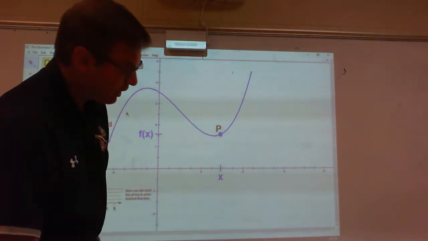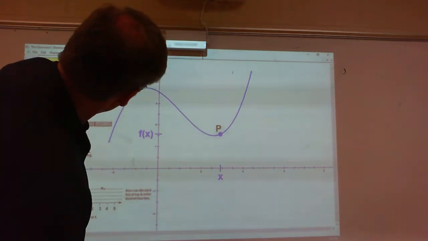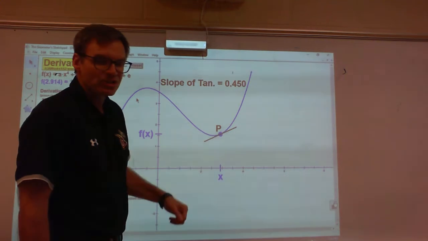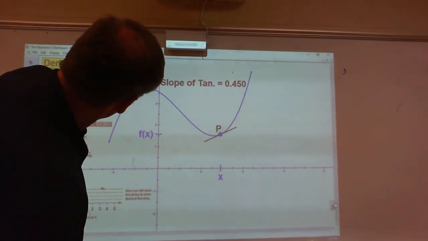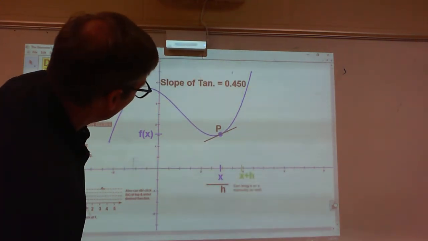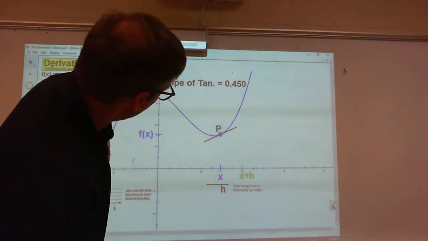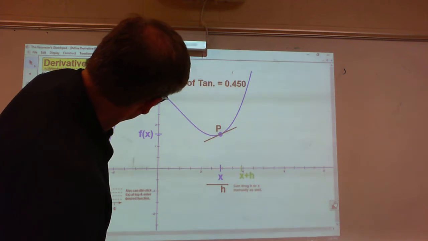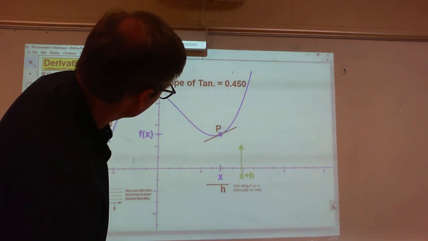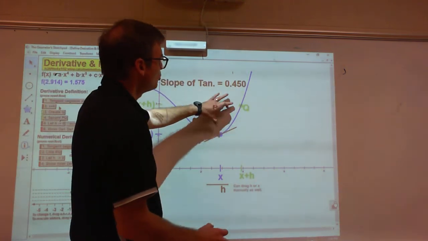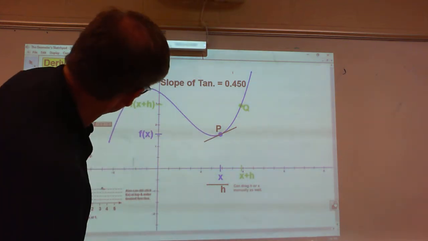But here's our generic function. There's our tangent line, and here's how they create their new x value. They go through all this process so they can get 2 points so they can actually find the slope.